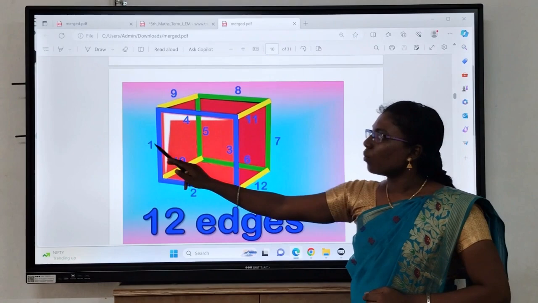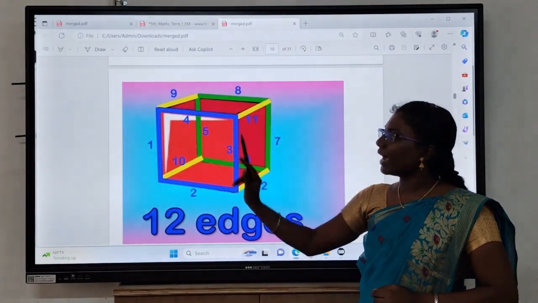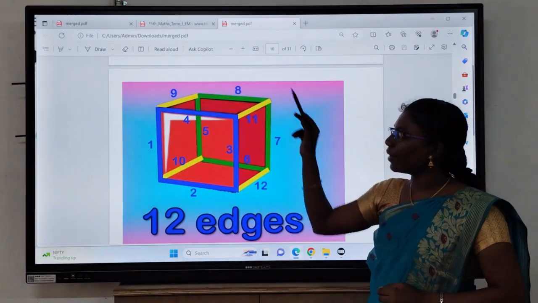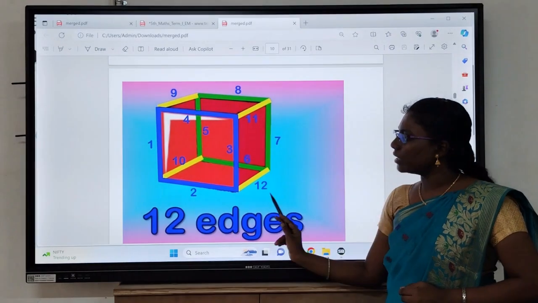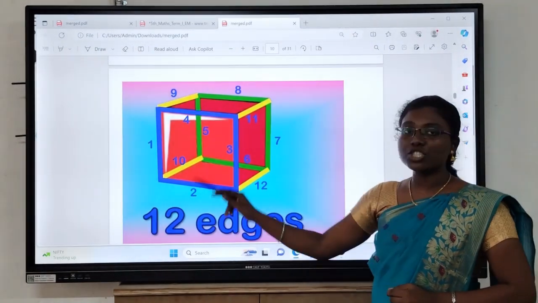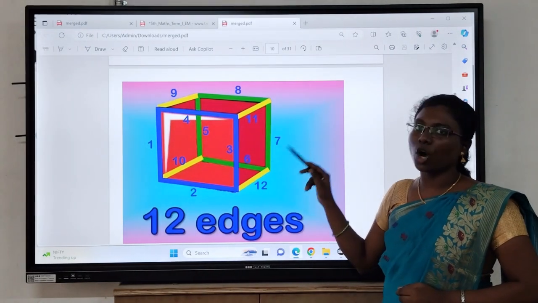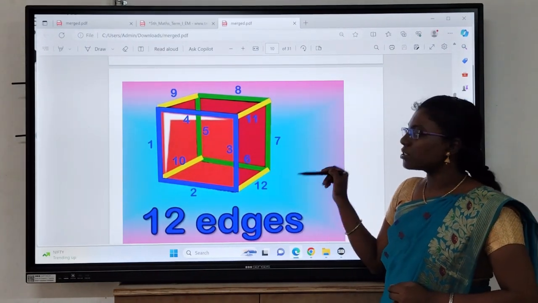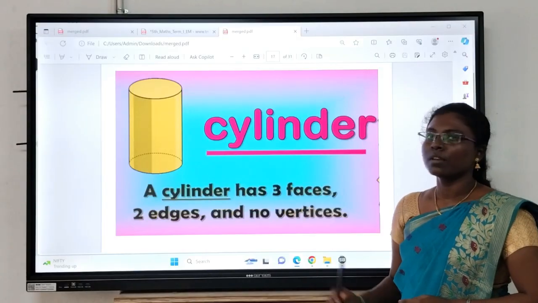Shall we count? 1, 2, 3, 4, 5, 6, 7, 8, 9, 10, 11 and 12. So edges means already I told you that is the sides of a shape. So 12 sides of a cuboid shape.